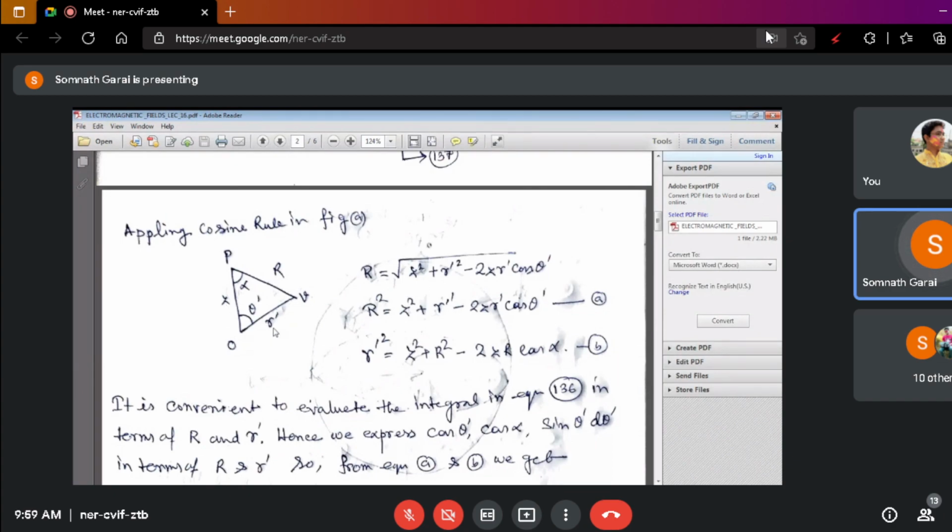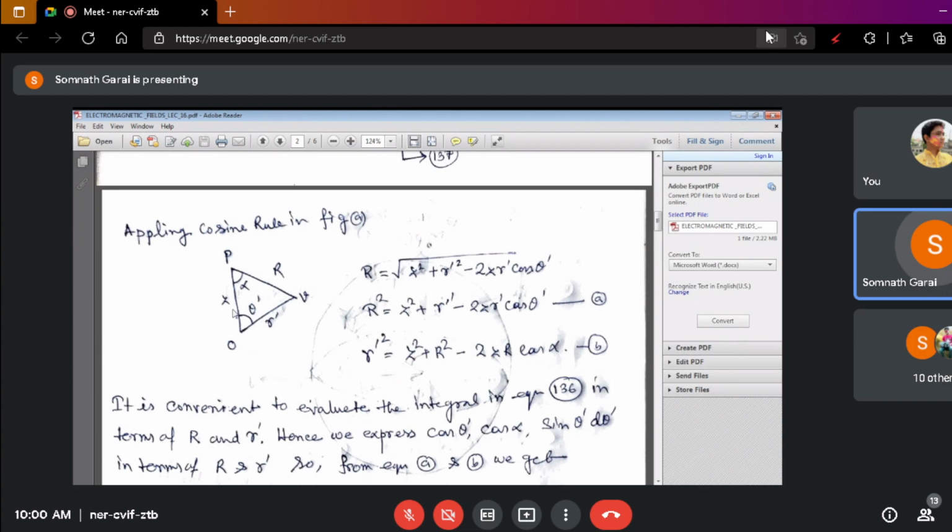Now, according to the cosine rule, capital R is equal to the square root of Z squared plus r dot squared minus 2 Z r dot cos theta dot. It is the cosine rule. We are already familiar with this rule, right?